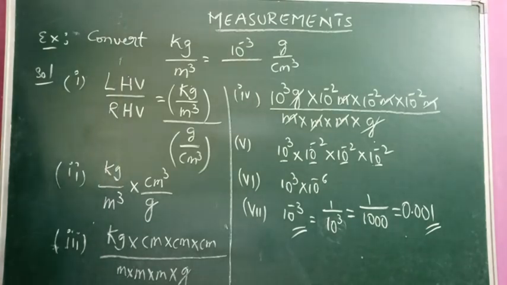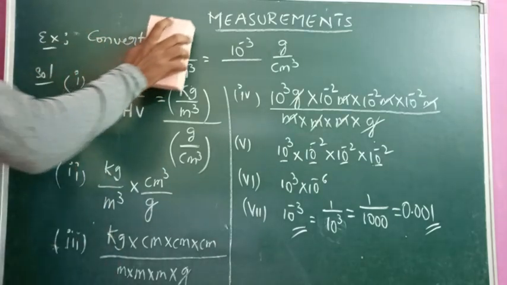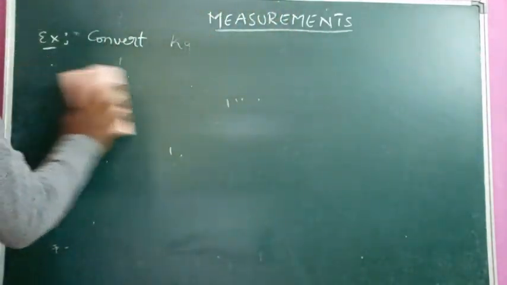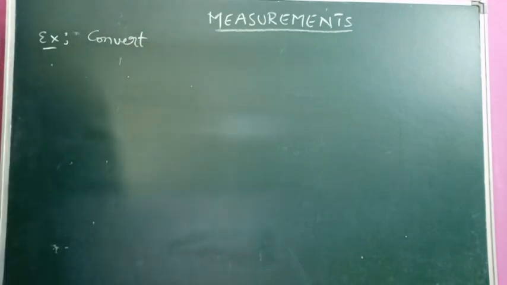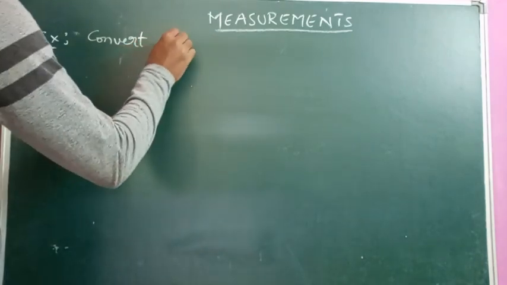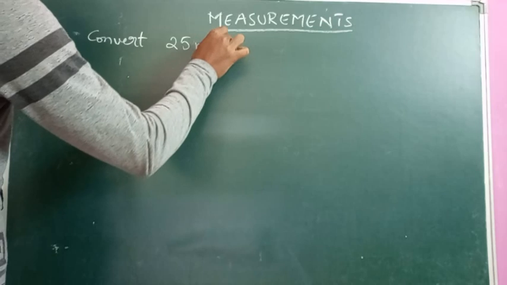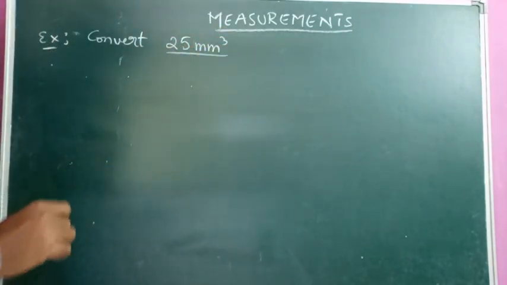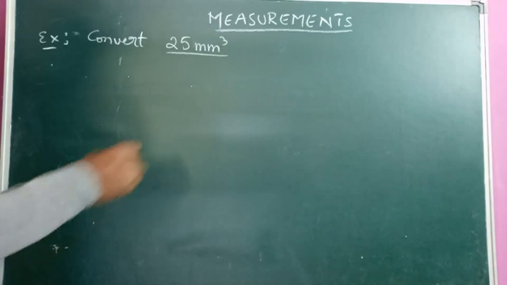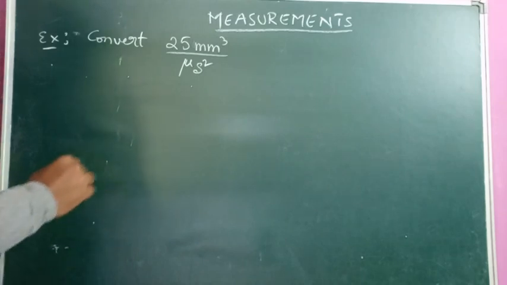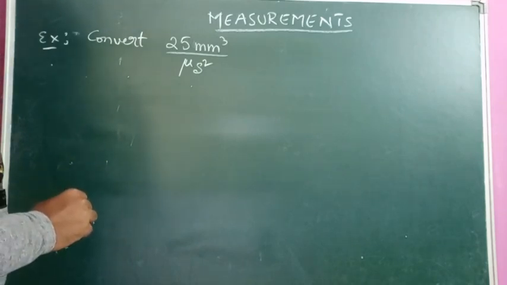Okay. Next, another problem we will do. Convert 25 millimeter cube by microsecond square.